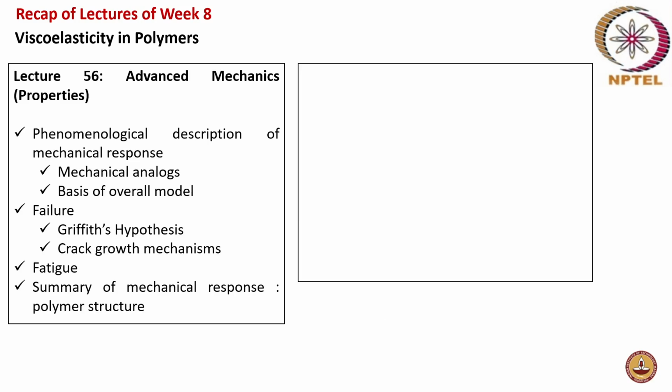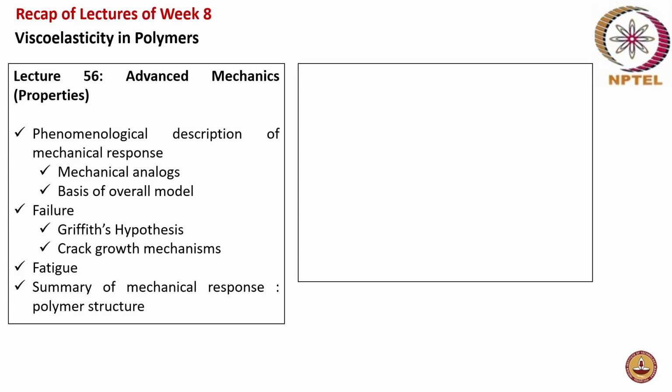Next up, lecture 56 was on advanced mechanics. Okay, this was on properties again. So, a phenomenological description of mechanical response was discussed. Here, the idea of mechanical analogs was given, and what is the basis of an overall model. So, different mechanical elements for different aspects, like elasticity, plasticity, and viscous behavior.